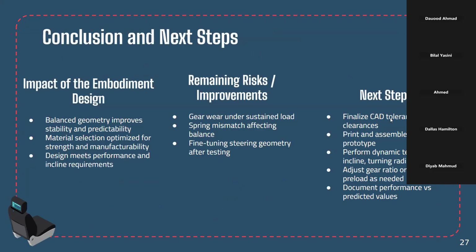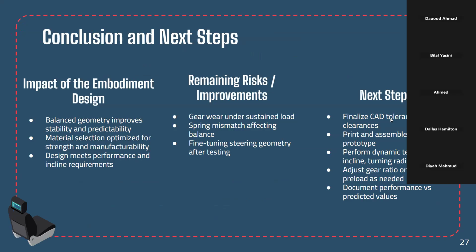And in conclusion, the impact of our embodiment design is that we've quantified how we're gonna make our wheels and how we're gonna improve handling and the materials chosen, which parts will be printed with which materials.